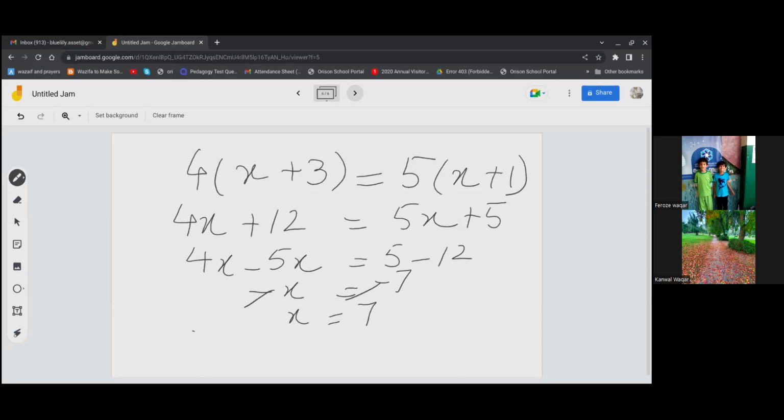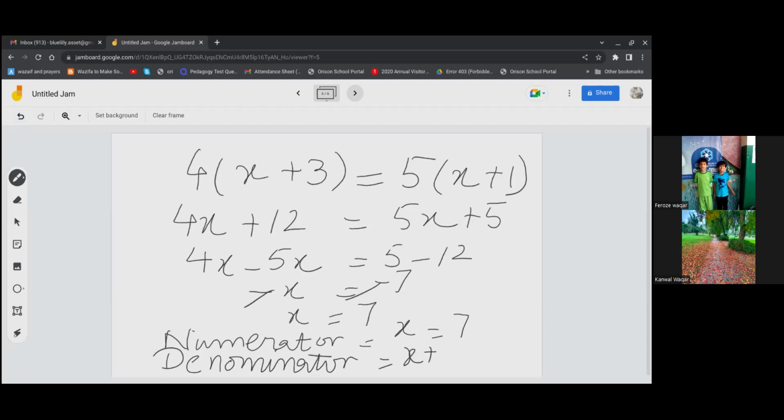If I say x is the numerator, the numerator is 7, then the denominator would be x plus 2, that is 9. 7 plus 2 is 9, then the fraction is 7 over 9. This is the answer.